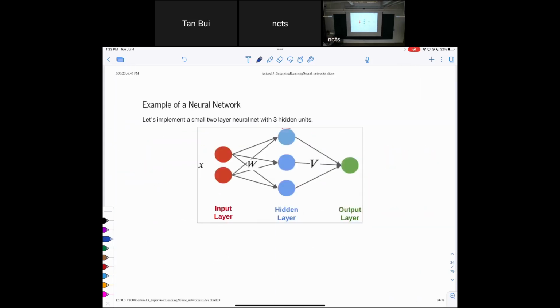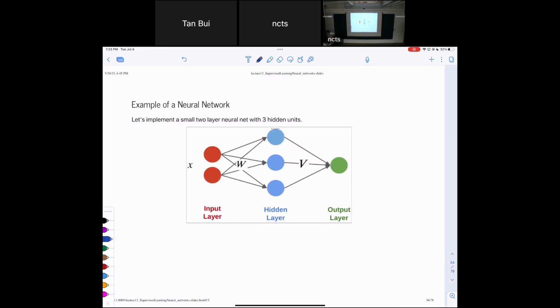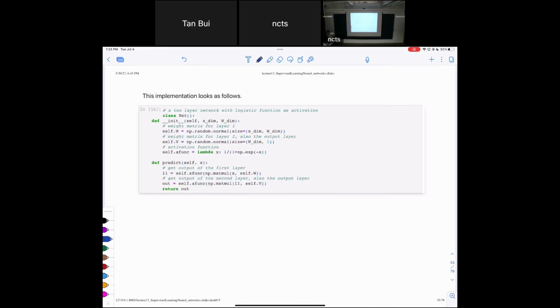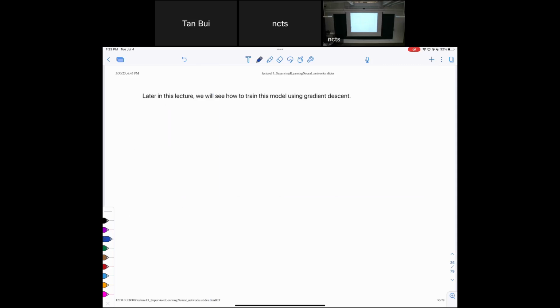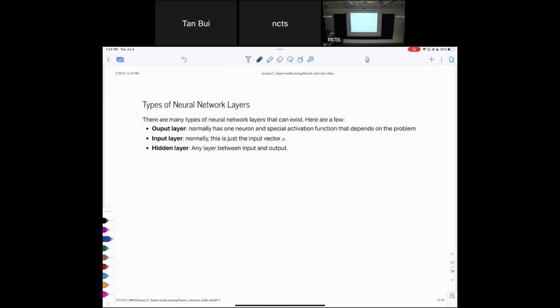This is an example of two layers that we talked about before. Implementation: you can do a simple implementation if you want to, but we're not going to go through this. I let you do it, okay? We're not going to go into that at all.